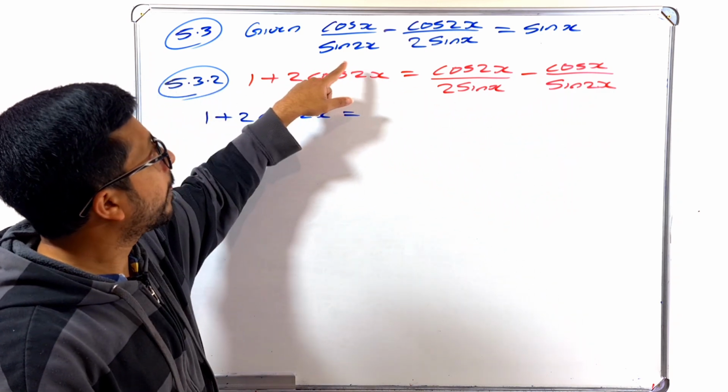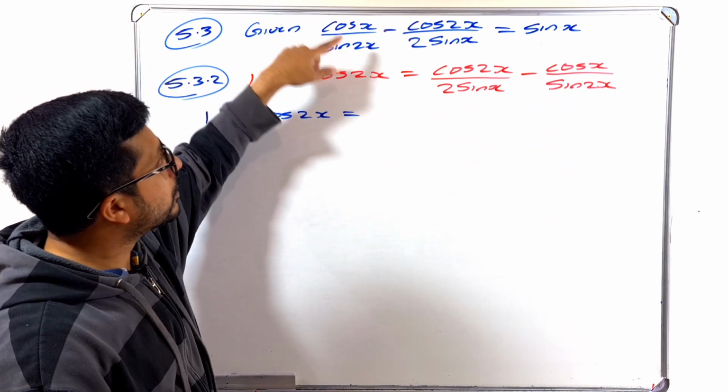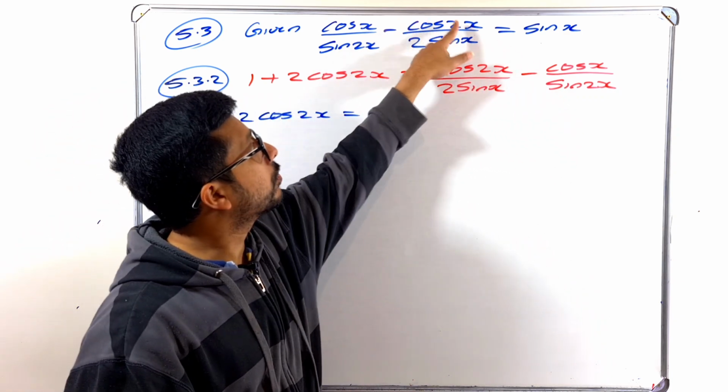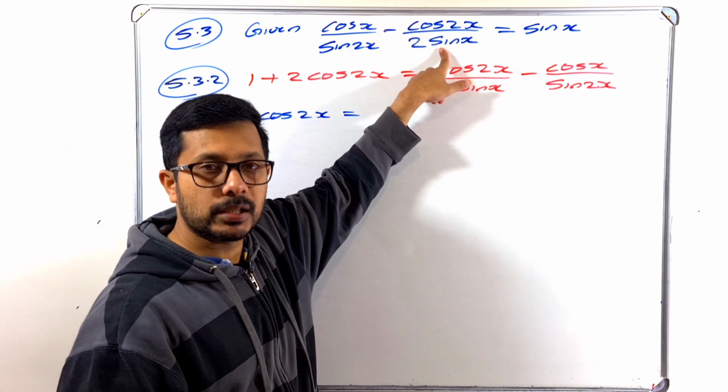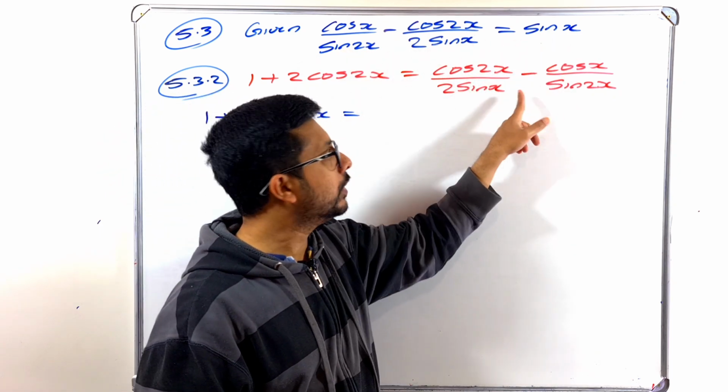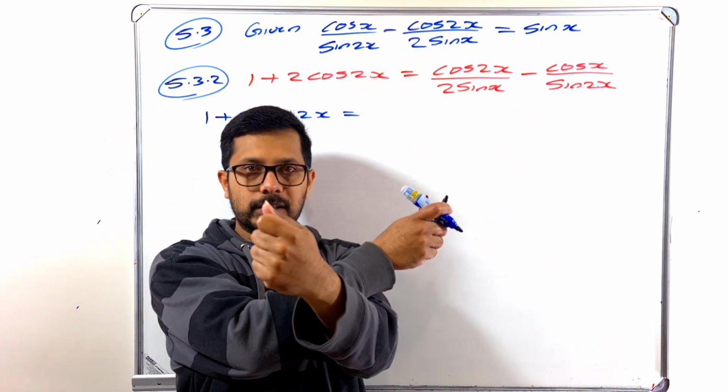Look at this one. Here it is cos x divided by sin 2x minus cos 2x divided by 2 sin x. We already proved that that one is equal to sin x. So this one is vice versa. Am I right?